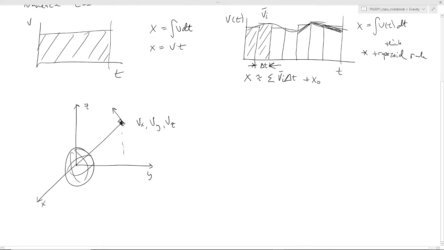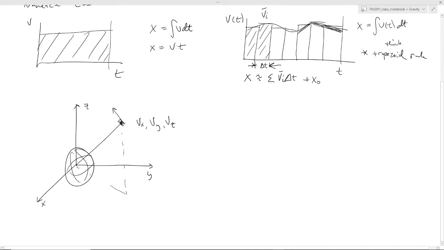So you can imagine figuring out where that would be. And so instead of a one-dimensional problem, so this problem that we talked about before, our x, this is 1D. And we would find x with this sort of sum.